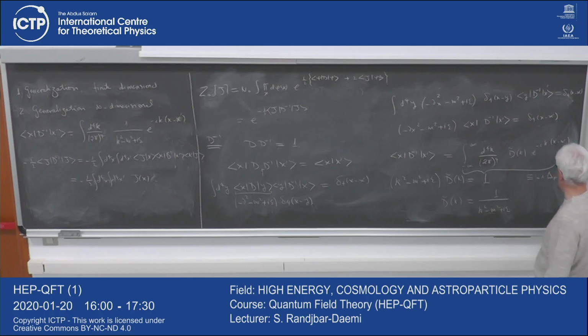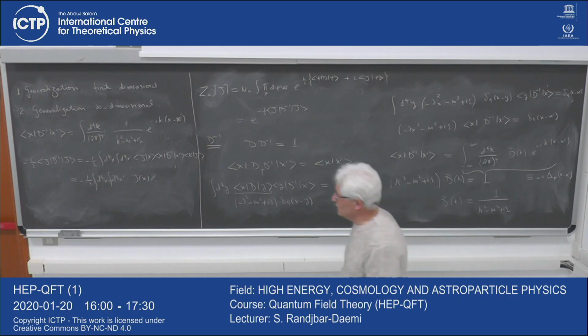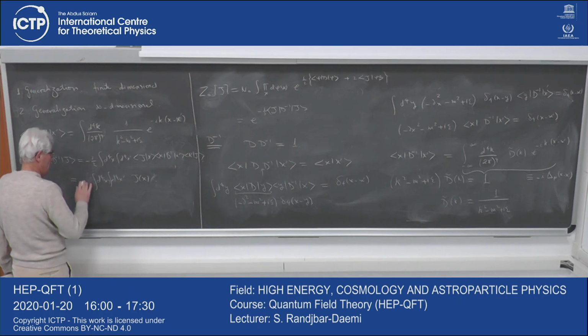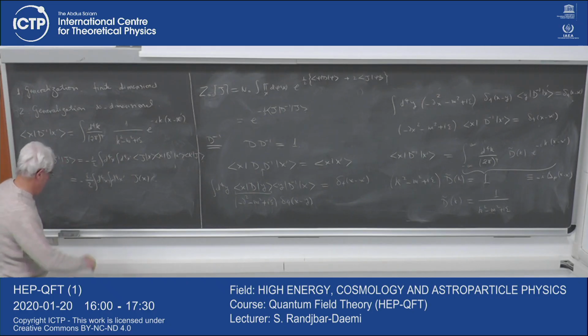You see that depends on x minus x prime. F, of course, stands for Feynman, and in my normalization I put a minus i there. This is a definition. I can put whatever I like there. Okay? But I'm putting minus i because of the way that I like to write the Feynman propagator. That is not universal.